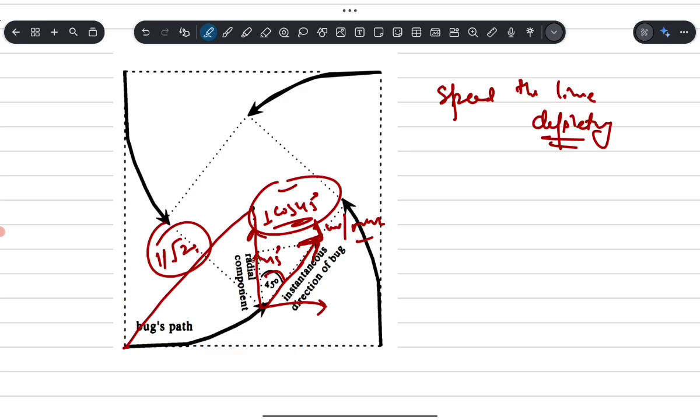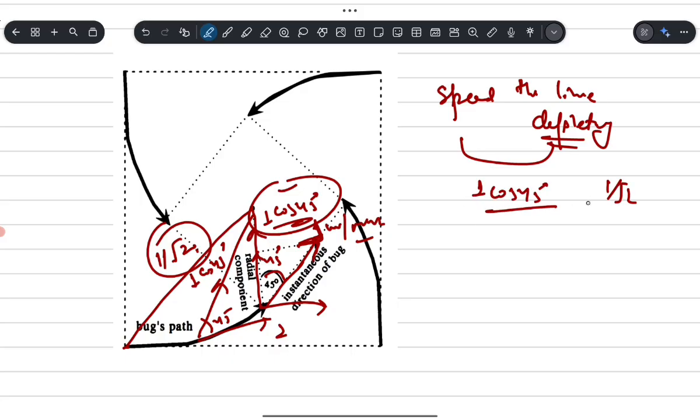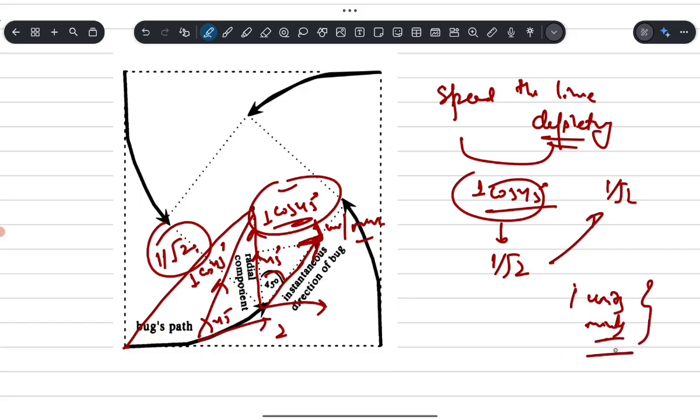This is the speed towards the line, right? Even if you consider this position, it's 1. So this is 1 cos 45 degree. What's the distance? 1 by root 2. And this is also 1 by root 2. We'll divide distance by speed in order to get the time. That's 1 unit, 1 minute, whatever is provided in the problem. I hope this is clear.